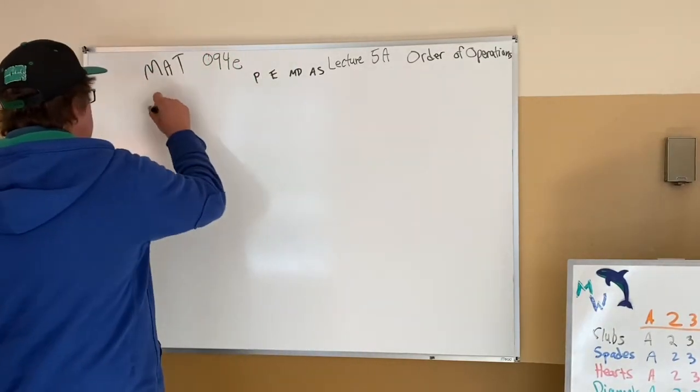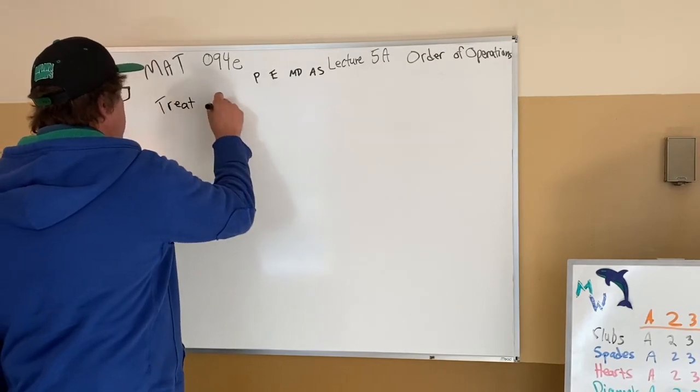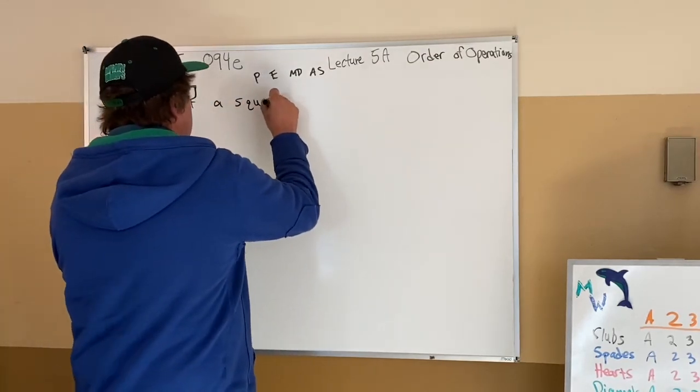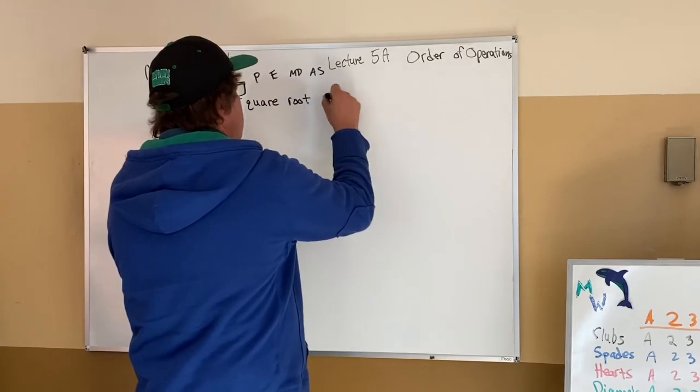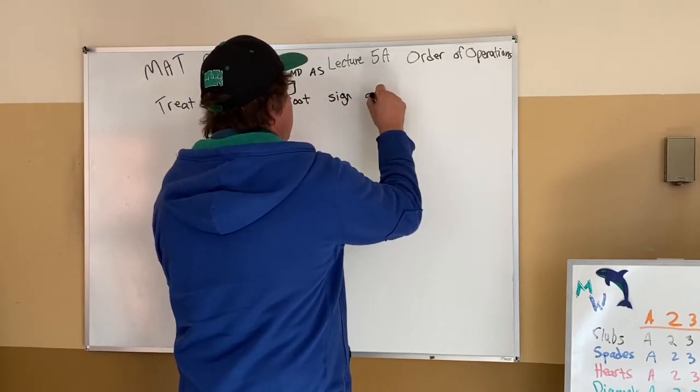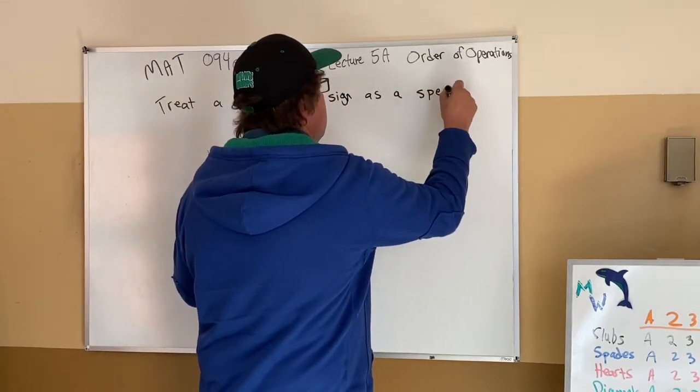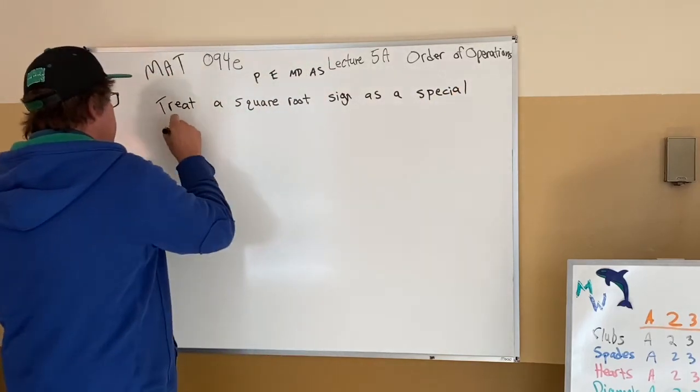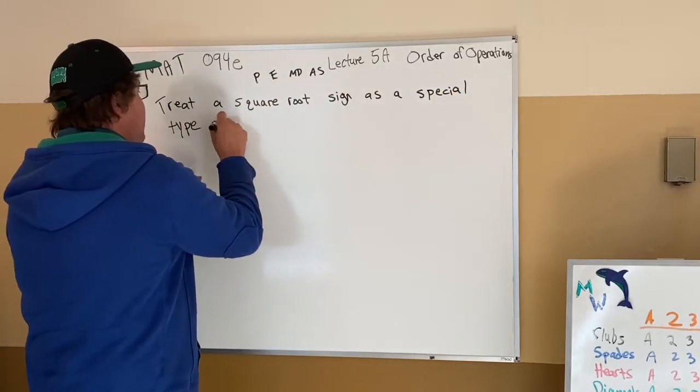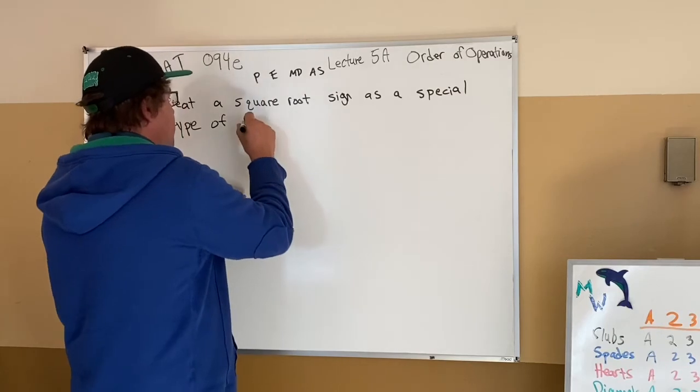So treat a square root sign as a special type of parenthesis. That means it gets dealt with when it's time to deal with parentheses.